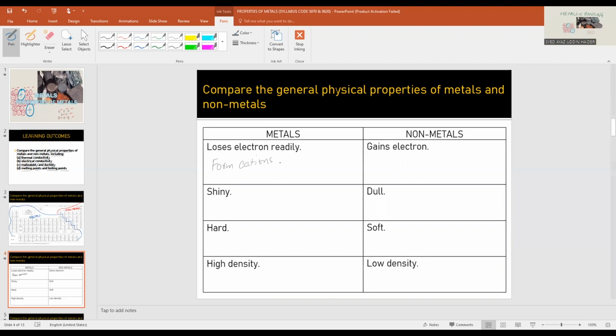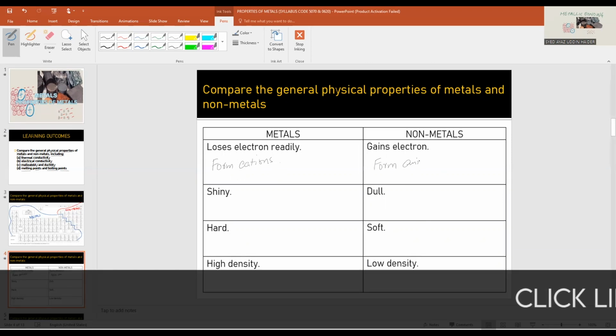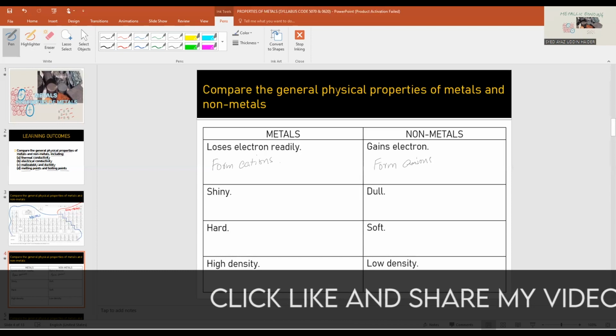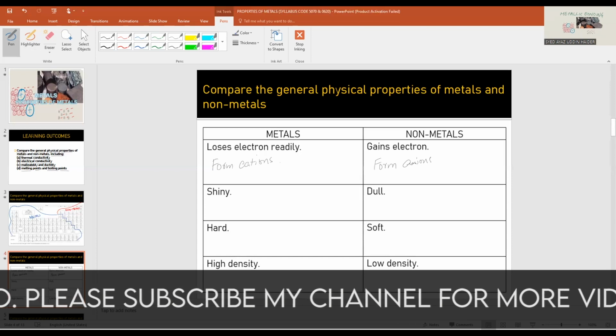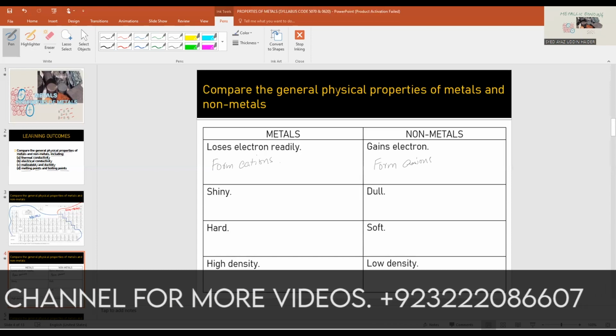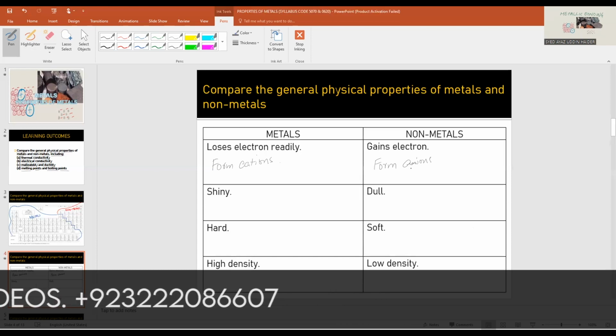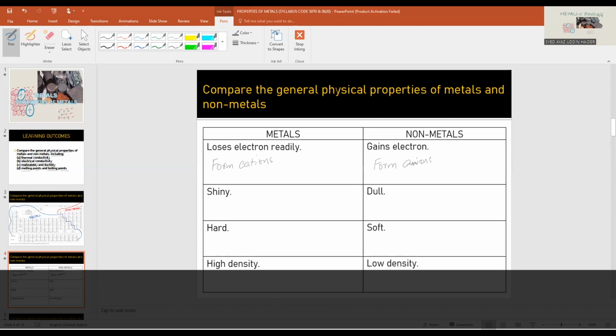On the other hand, non-metals have a tendency to gain electrons to form anions or negative ions. The reason is that non-metals have the maximum number of electrons in their valence shell. Therefore, they prefer to gain electrons instead of losing.